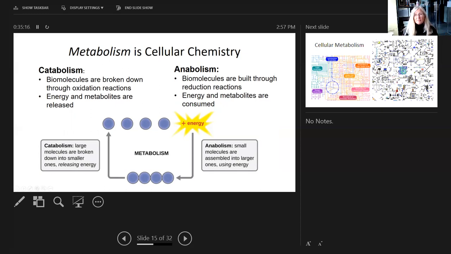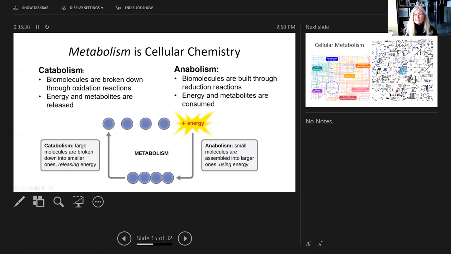The other half of that is anabolism, which is the biomolecules, the smaller ones, the metabolites, being combined, and that requires energy. It requires energy to make those bonds. Here we're breaking bonds. To make those bonds, we have to add energy in.